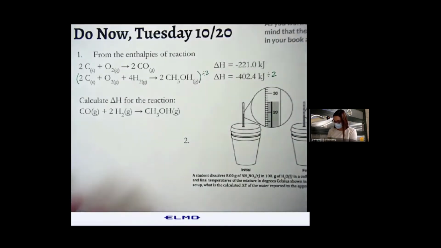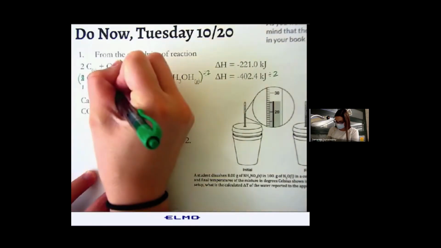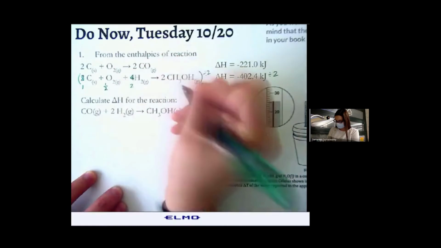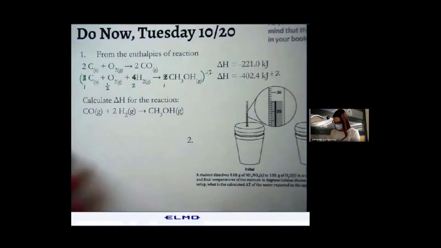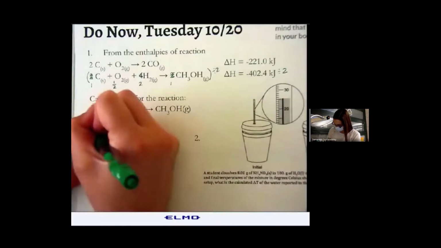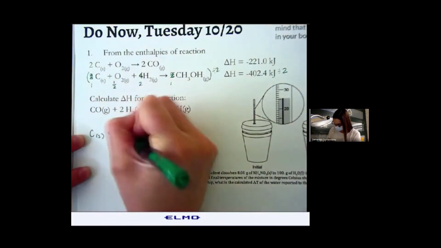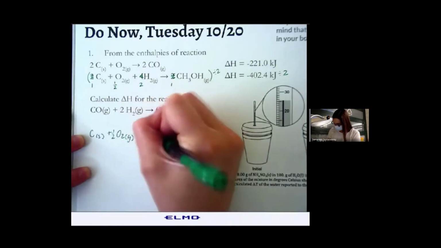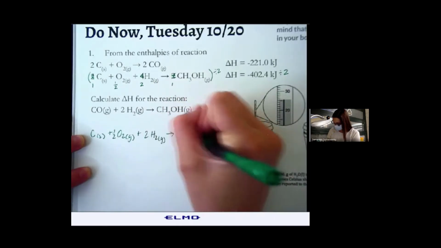So when I divide by 2, that's going to make this 1, this 1/2, this 2, and this 1. So I'll rewrite that equation down here so that we can see it. Carbon plus 1/2 oxygen plus 2H2 yields CH3OH.